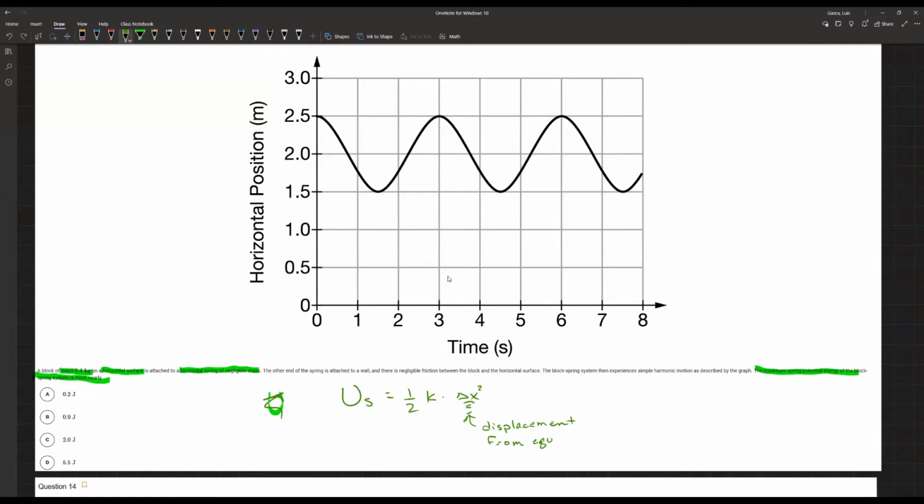Because if you don't read this graph correctly, you're going to get the wrong displacement from equilibrium. Our equilibrium, or our graph, is centered around 2 meters, which means that at most, our displacement is actually 0.5 meters. So be careful with that.